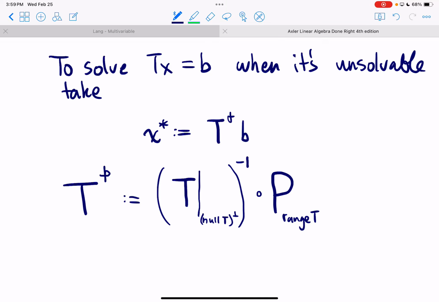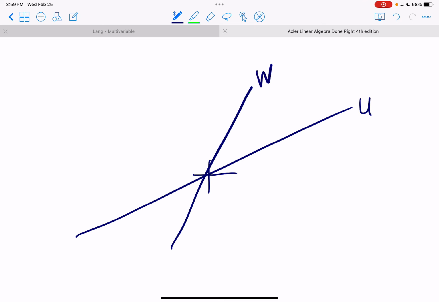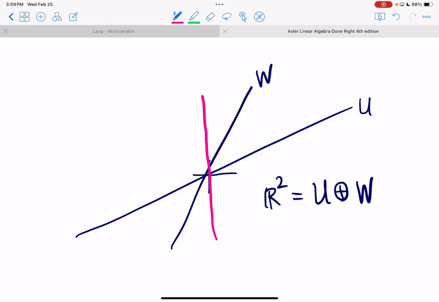Remember from direct sums when we learned about them, a direct sum is not unique. Like, if you have this subspace through R2, let's call that U, you can also take W like that. And then R2 is equal to U direct sum W. But we could also take a different W. We could take this W. Let's call it W tilde.